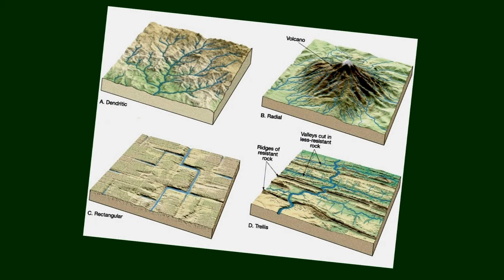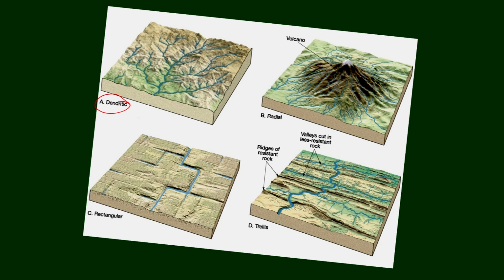Again, as I told you, there are a couple of patterns which are most common. Out of those, dendritic appears like a tree trunk, with streams bifurcating from the main trunk stream.